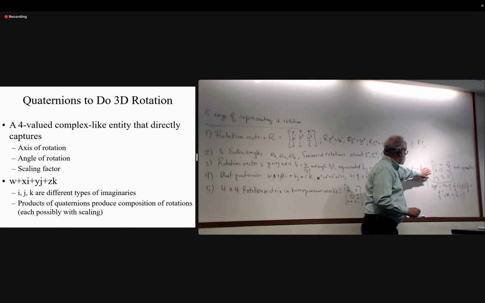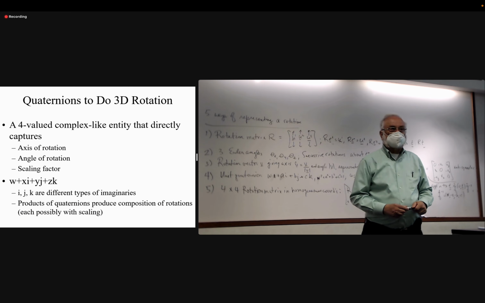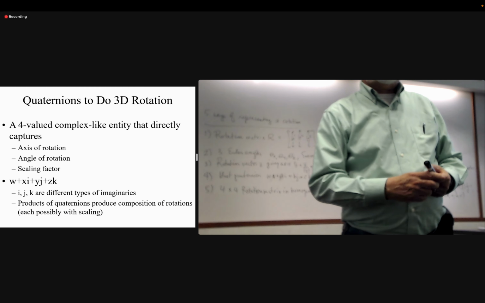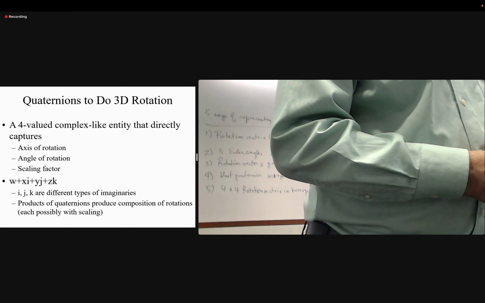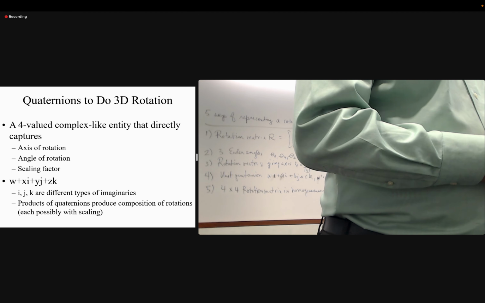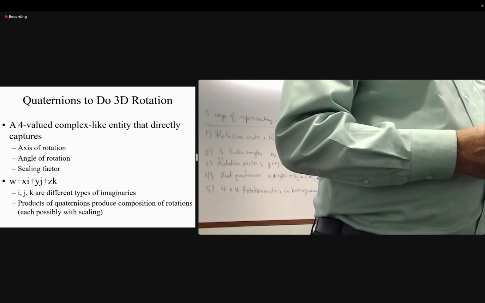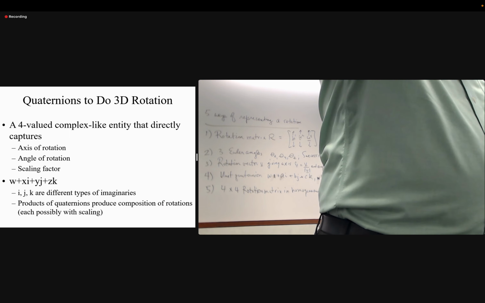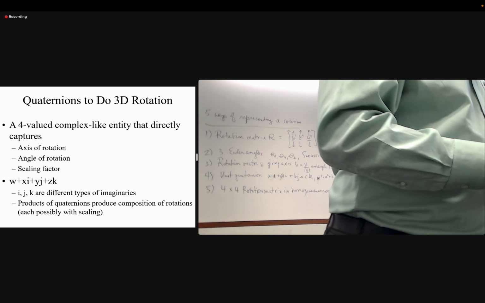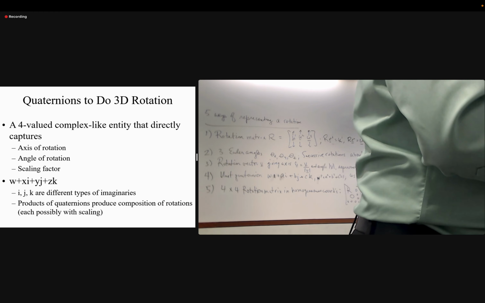But here it is. It has 3 entries, Vx, Vy, Vz, the 3 components of V. How many free variables? 3. Vx, Vy, and Vz.